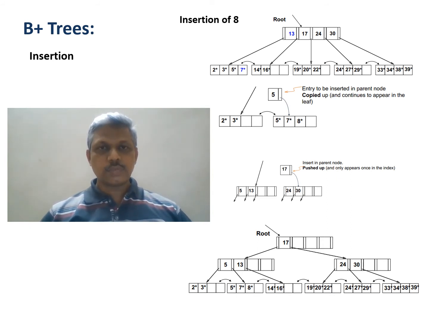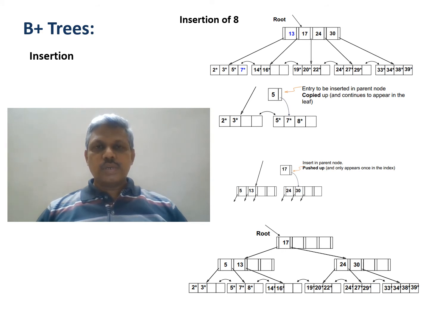So that node has split into 2 nodes basically: 2, 3 in one node and 5, 7 in another node. Since a new node is created with 5, 7 as the values, 8 can be inserted there because only 2 values are present in the node. So 5, 7, 8 can be inserted over there.